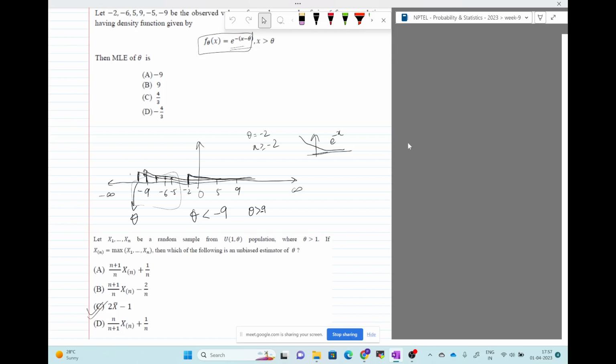Can you suggest where the mathematical application for that unbiased estimator is?